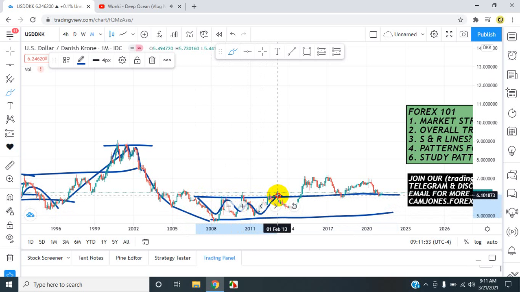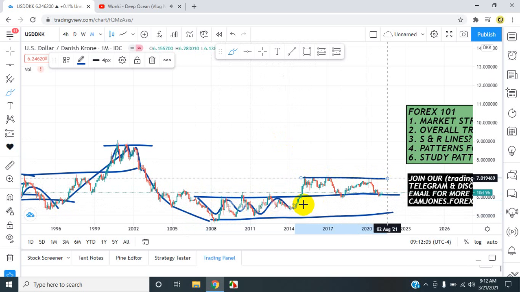The retest happened somewhere in the middle, and then we got the push up, broke up through the resistance. Once the market broke up through the resistance, it went to another channel and just tried to break. One touch of the resistance, two touches, three touches, wasn't able to break at all.